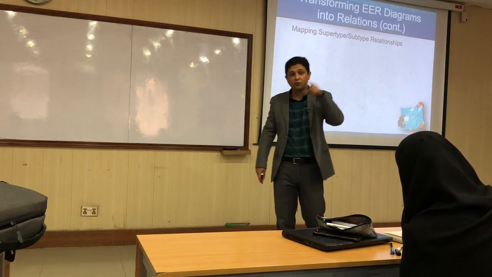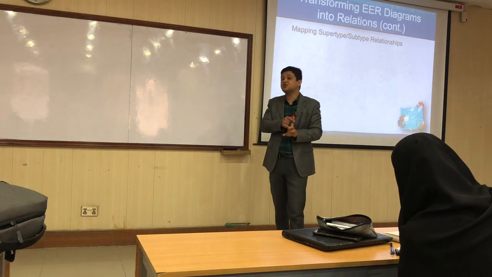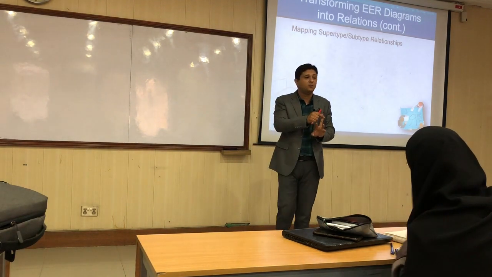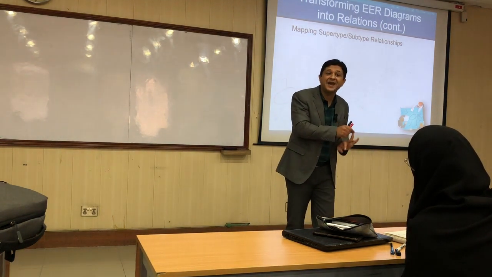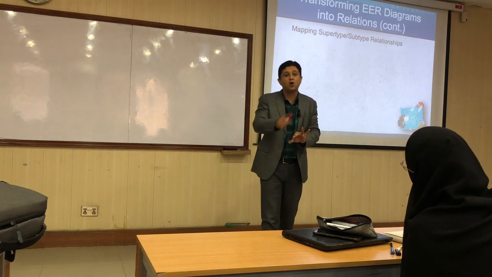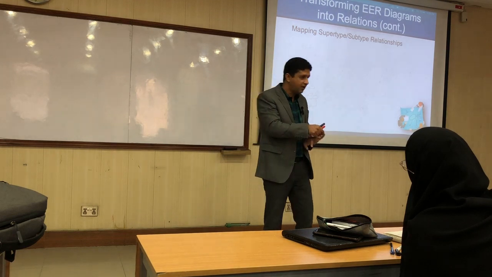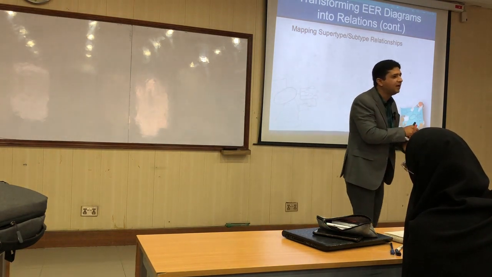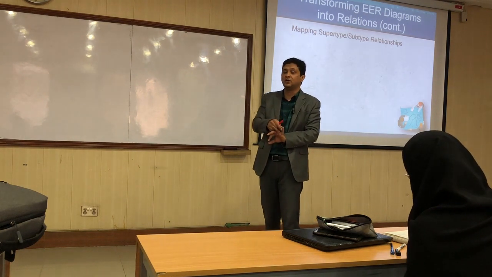Now this would apply, number one. And number two, the primary key constraints will also apply. And what are they? We cannot have a duplicate value. We cannot have a null value. Although in referential integrity we can have a null value, because it's a primary key now along with foreign key, we cannot have a null value in this key that is added to subtypes.